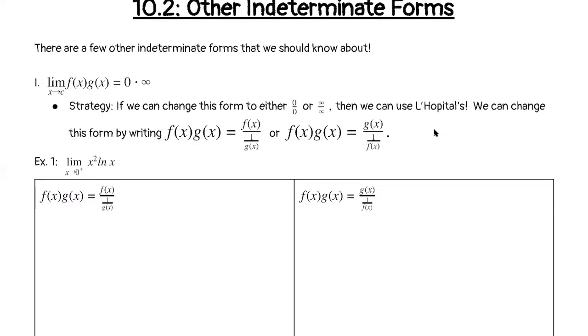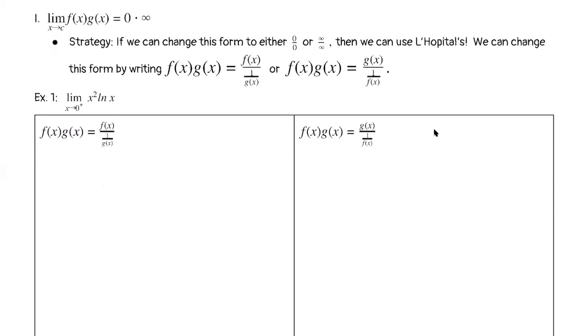Okay, so the first form that we're going to look at is a situation where instead of dividing 2 functions, we actually see a multiplication of 2 functions. Okay, so f of x times g of x. So when you look at the problem and you plug in the number, what happens is you get a situation where you have 0 times infinity, okay?